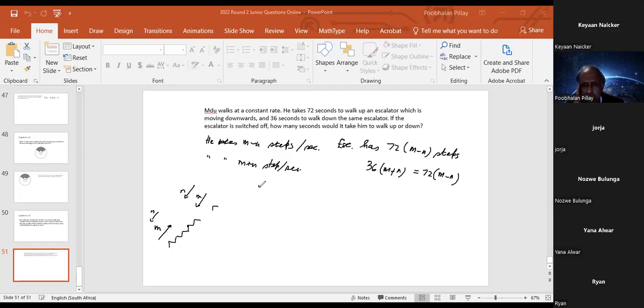You got m plus n divided by 36 is 2 into m minus n. That is 2m minus 2n. So you can bring all the m's to one side, or 3n, 2n plus n. Let's destroy all the negative signs, and it's 2m minus m. So you got m is equal to 3n.